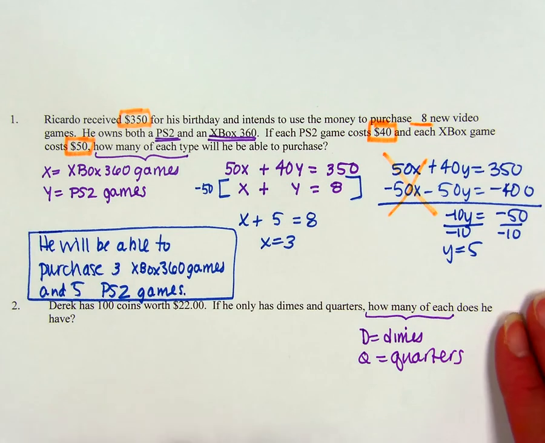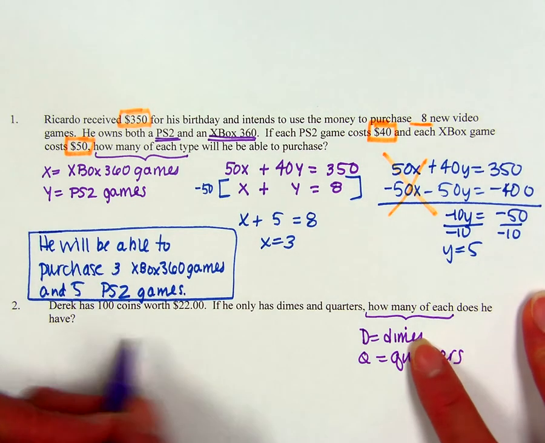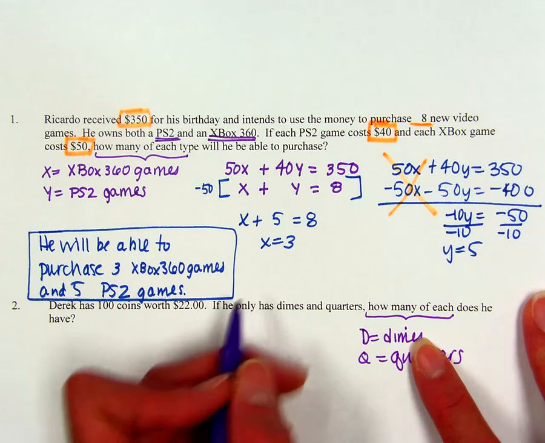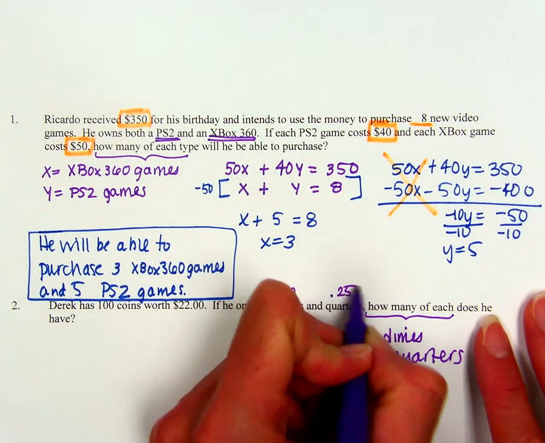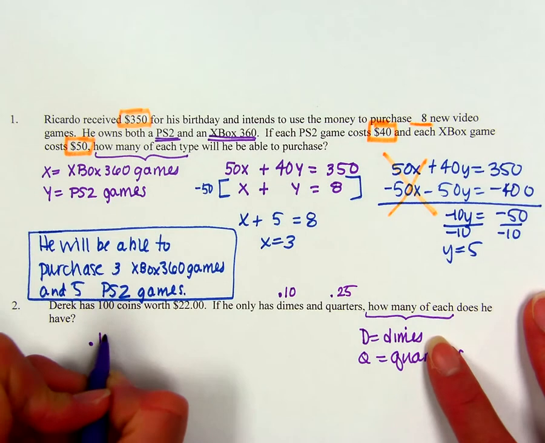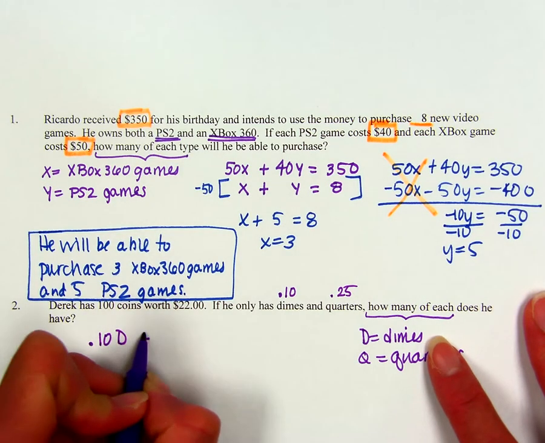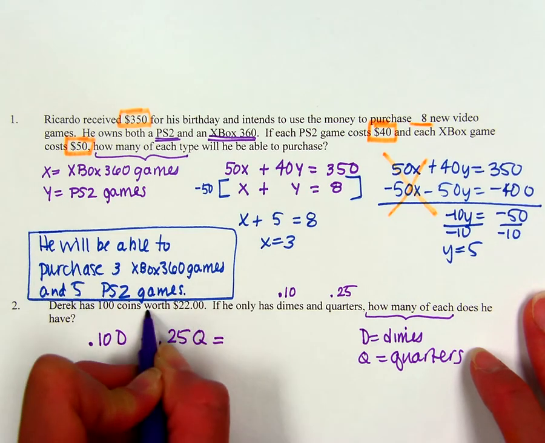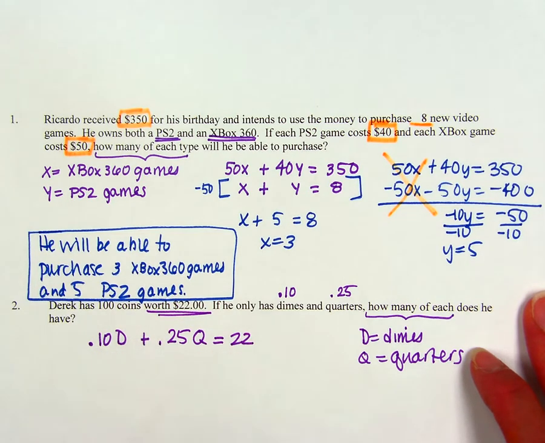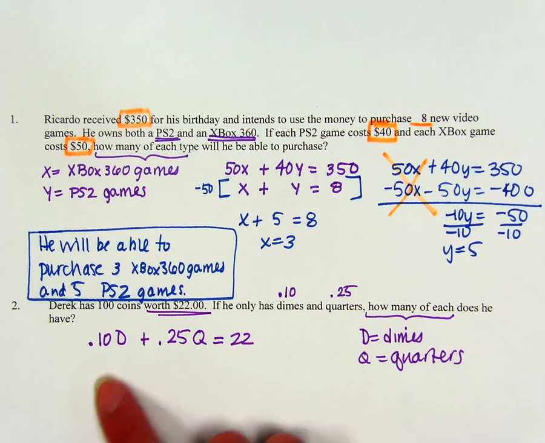So if I want a cost equation, what is the cost of dimes? Well, they don't tell you that, but you should know that every dime is 10 cents and every quarter is worth 25 cents. So 0.10d plus 0.25q equals the $22 that I should have total. Notice that I did 0.10 because it's not $10, it's 10 cents.